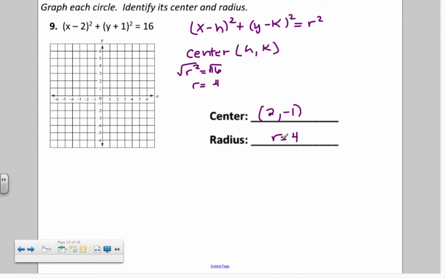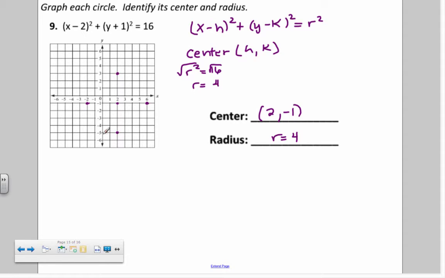Once I have both parts, the center and the radius, I can easily graph this circle. I'm going to start by plotting the center, 2, negative 1. Then I'm going to use my radius, and I'm going to go in all directions a radius of 4, which means a distance of 4 from the center. So starting with going to the right, I'm going to go 4 to the right and put a dot. I'm going to go 4 upwards and put a dot. 4 to the left and place a point, and 4 down to place a point.